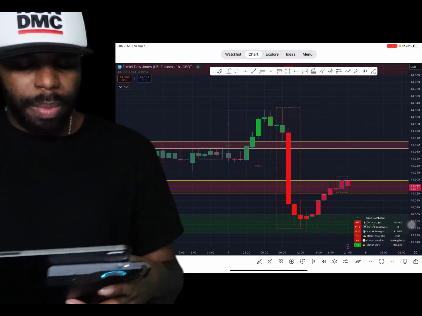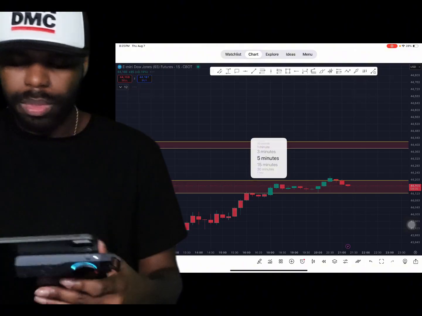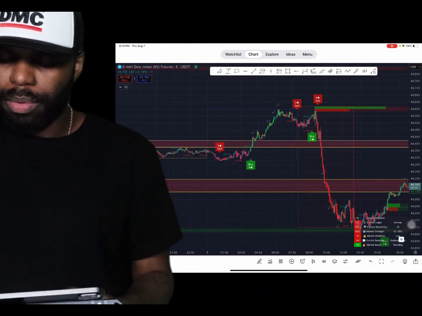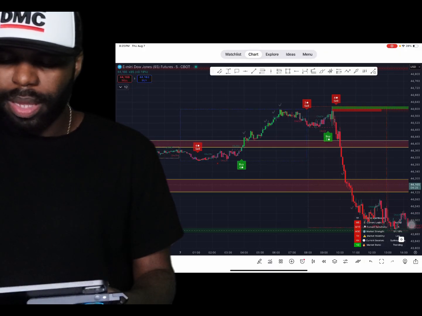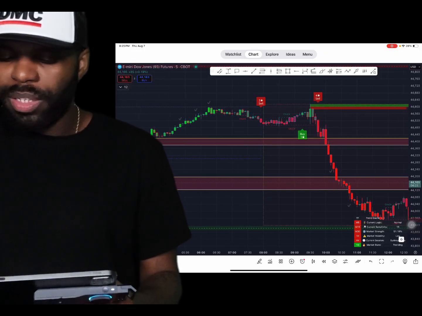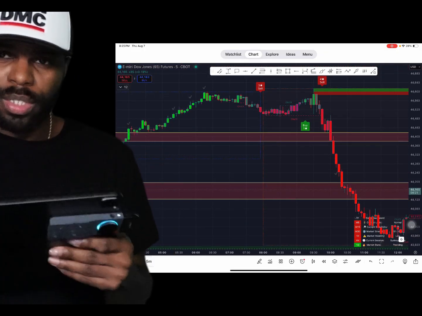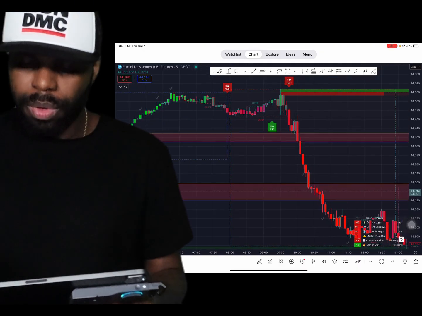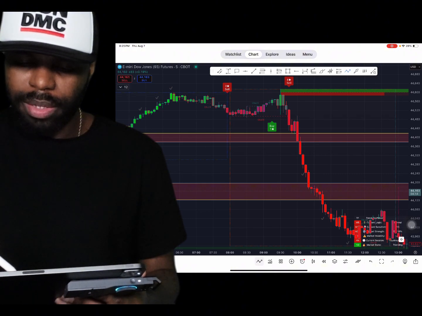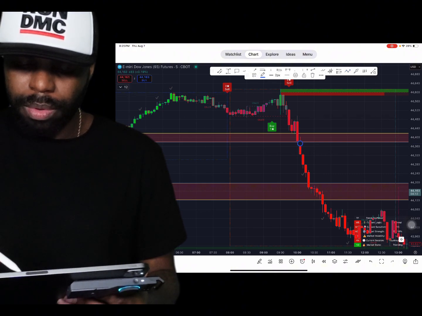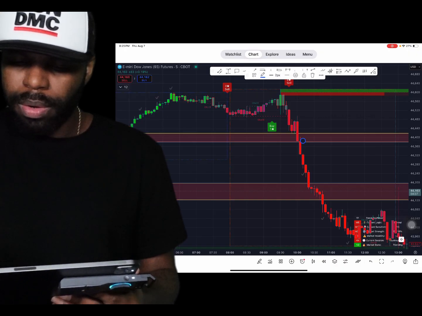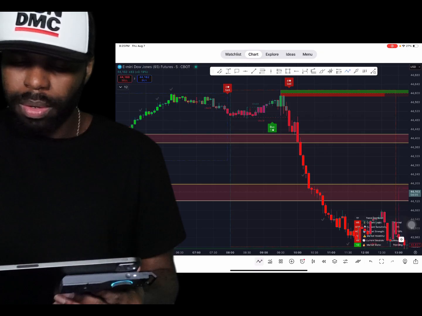Now let's go back to the 5 minute. Boom. Look at that. So today, by using these two zones, the previous US session high and low, what you could have done is just waited for price to break this zone.